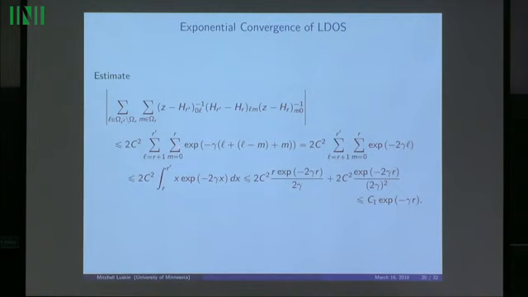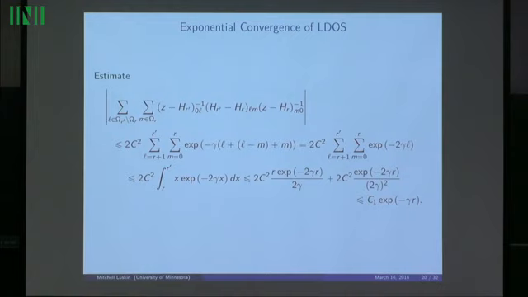In this case, all these guys are decaying exponentially. We put the exponential decay results coming from the assumption and the Combes-Thomas estimate into this, and then we simplify a little bit. When we convert it to an integral, we carry it out, and we get exponential decay in r.